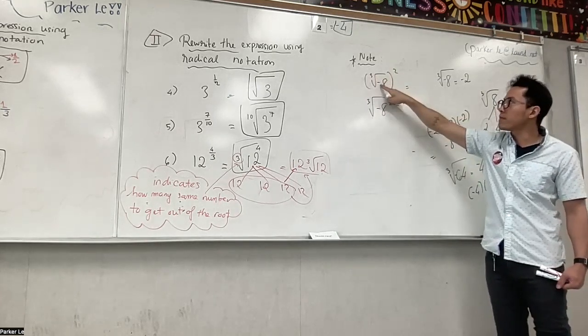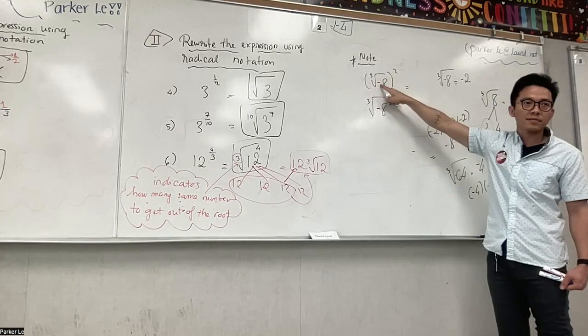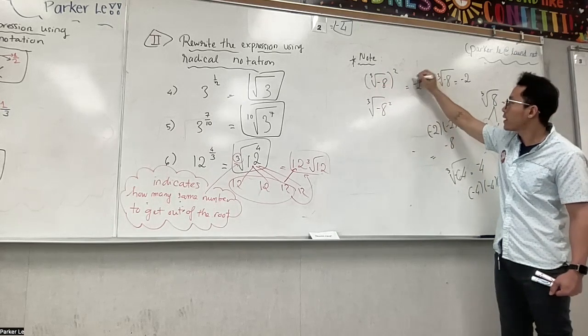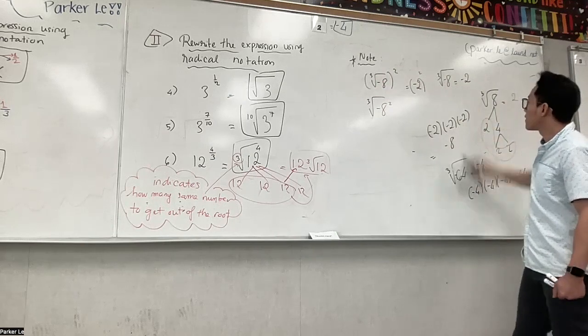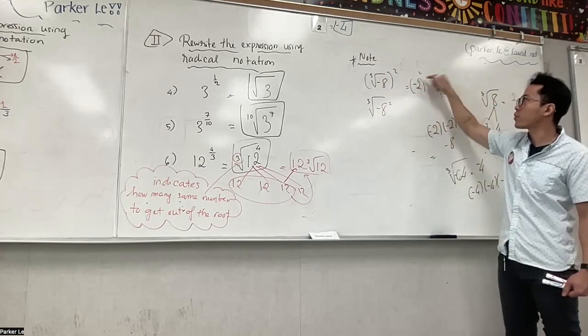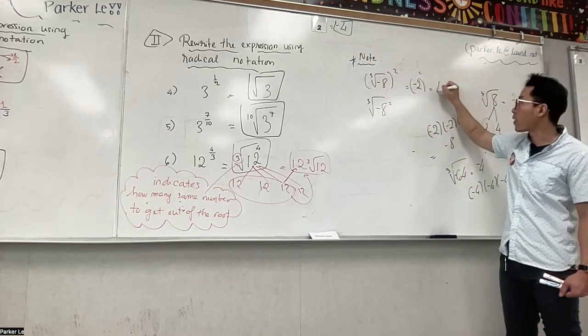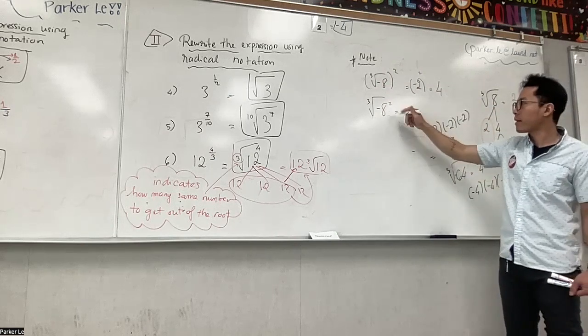So what is the cube root of -8? -2. And then you still have the square, right? What is -2 squared? 4, positive 4. Okay, how about the bottom?